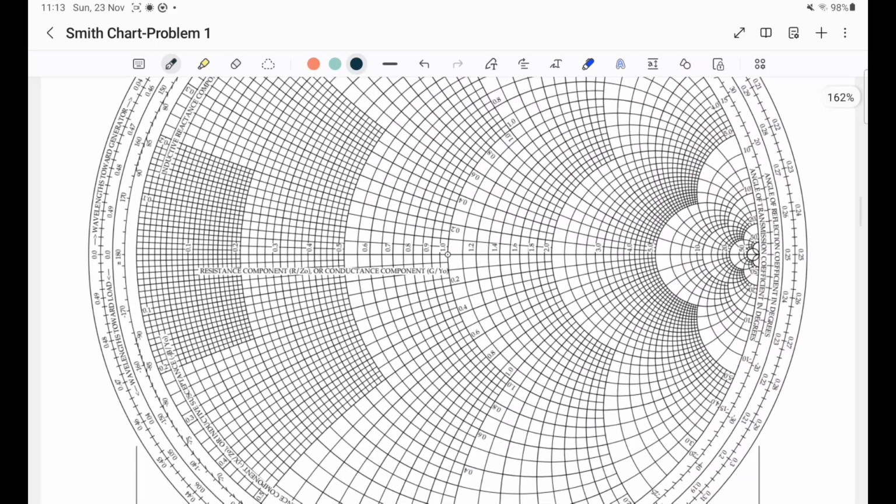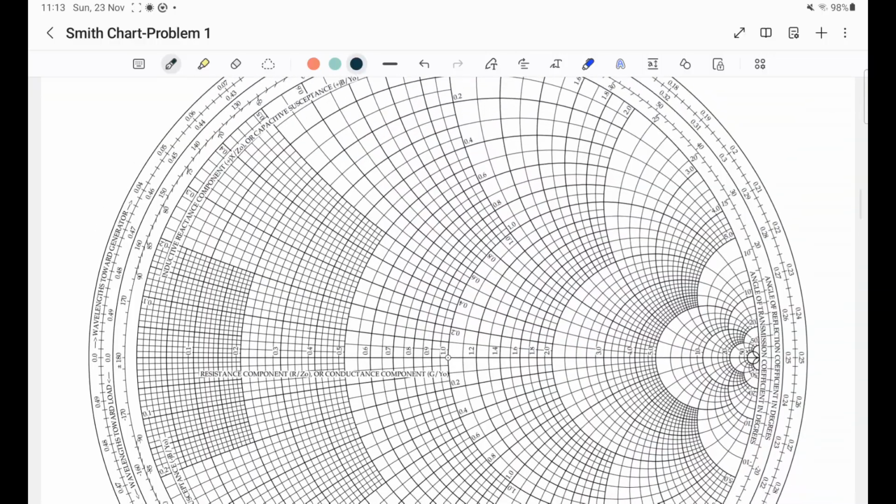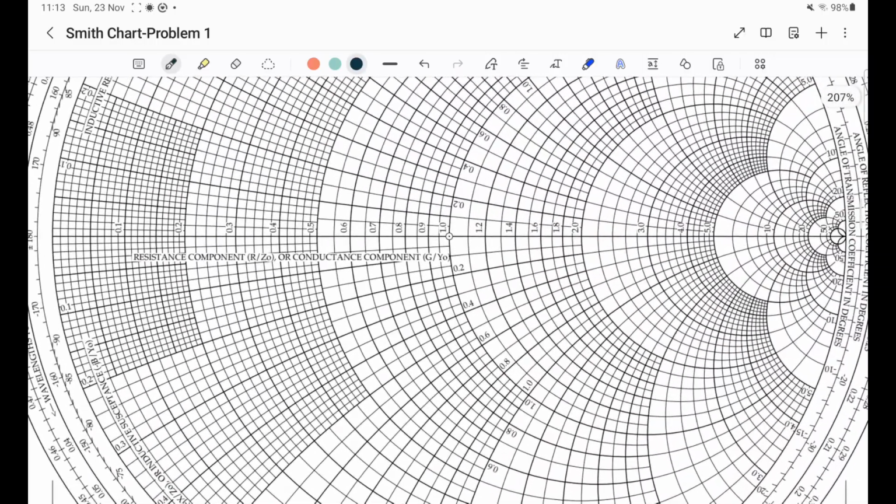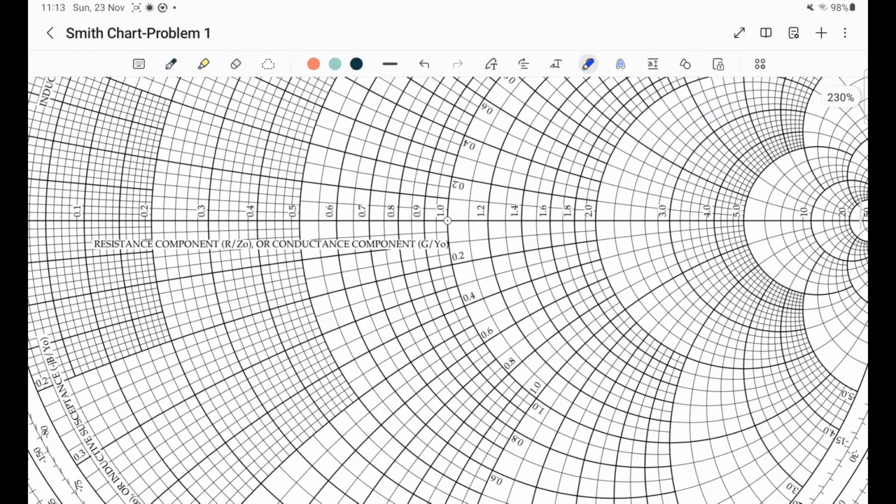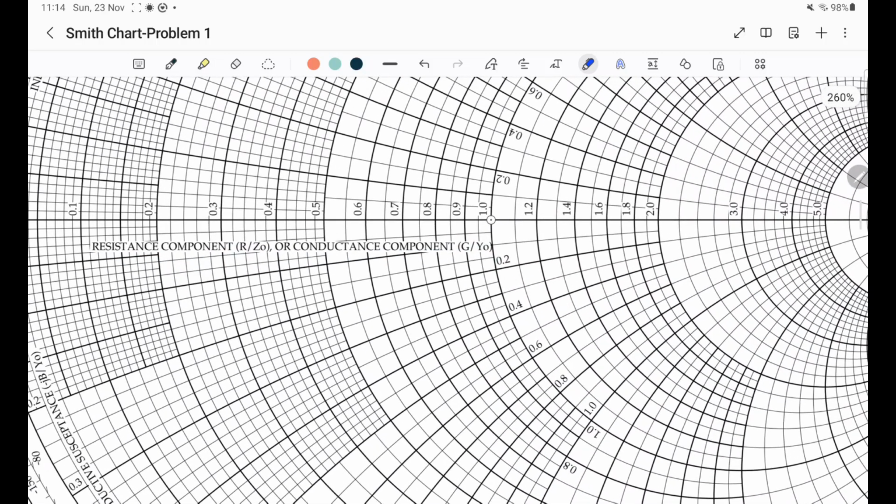So this is a Smith chart. In this Smith chart, if you see this horizontal line, this line indicates the real part of the impedance. It says resistance component R over Z0 or conductance component G over Y0. Since we are dealing with impedance, we require R over Z0.